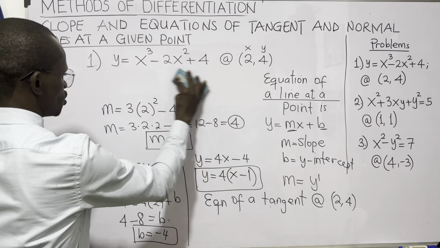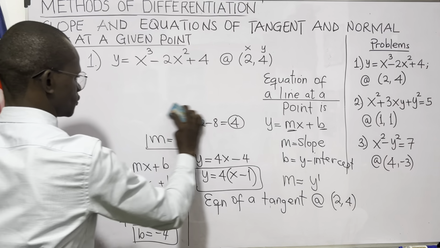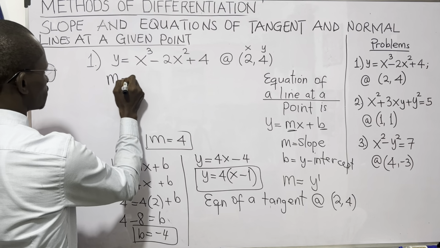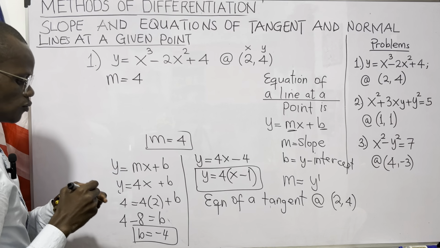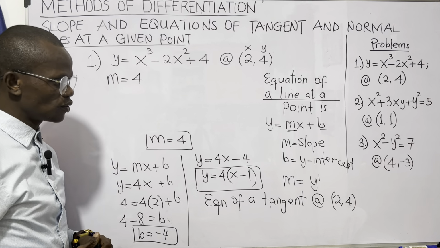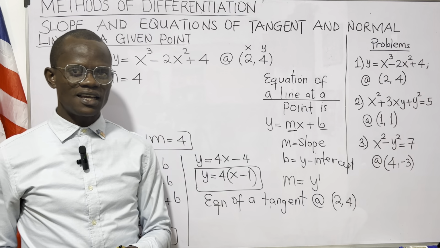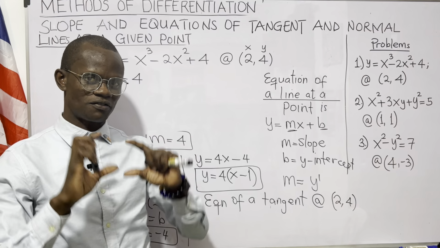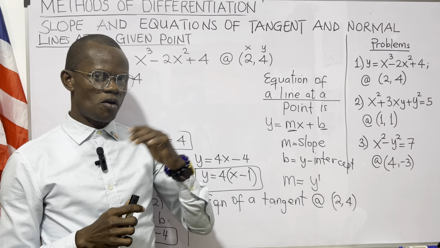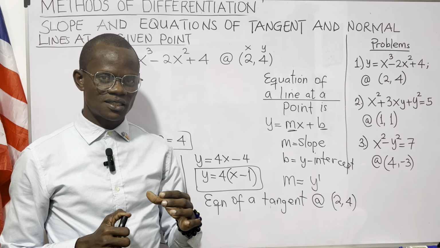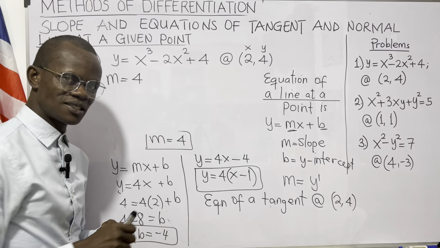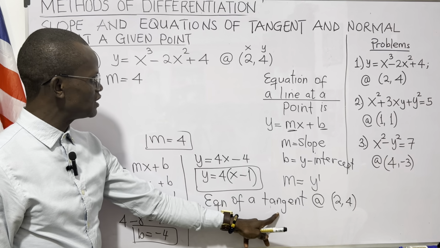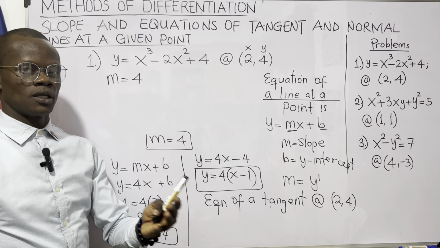Let's now determine the equation of the normal line. Now we know that the slope is equal to 4. But since we were told initially that a normal line is a line that intersects the tangent line at the point of tangency, forming 90 degrees, that means the tangent line is perpendicular to the normal line.